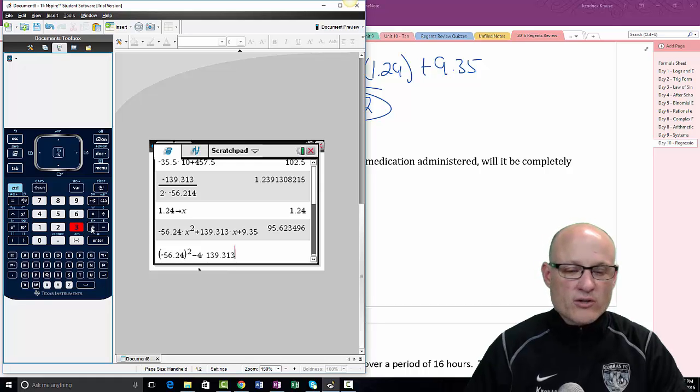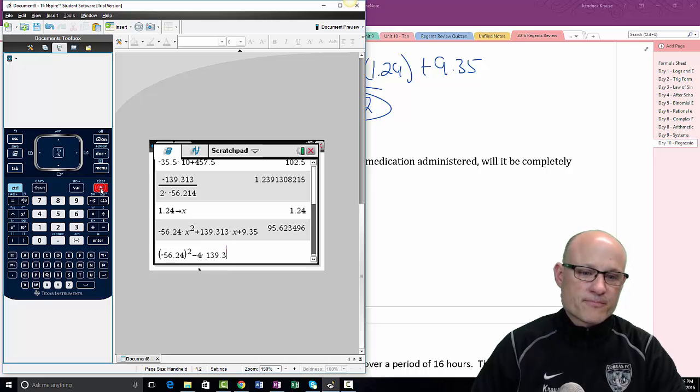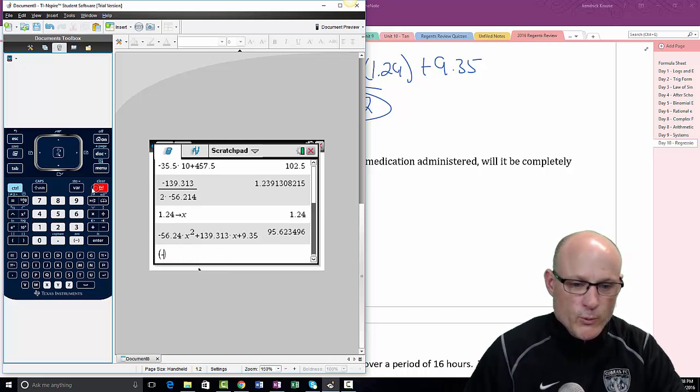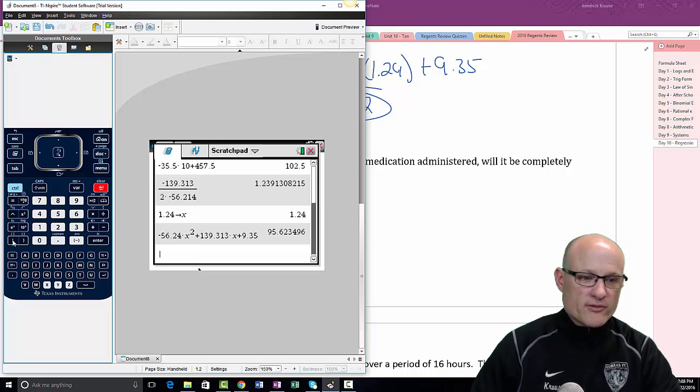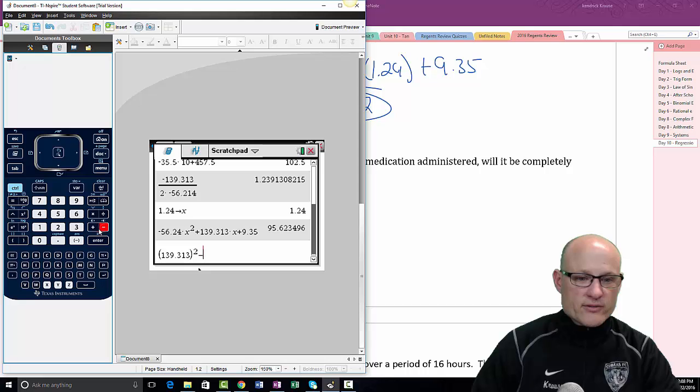It's b squared. What am I doing? So it's b squared, so it's parentheses 139.313 squared minus 4 times parentheses negative 56.24 parentheses times parentheses 9.35.